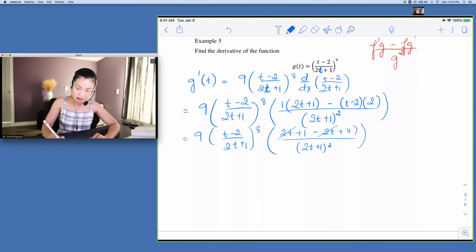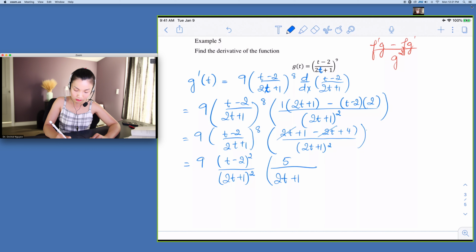But we have this one, you can just make it t minus 2 squared over 2t plus 1 squared. This one we have 5, and then on the bottom I have 2t plus 1. Okay, so I'm going to multiply 9 times 5, which is 45.